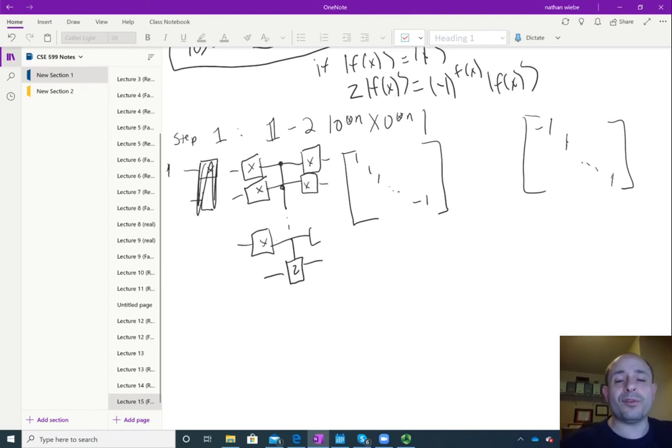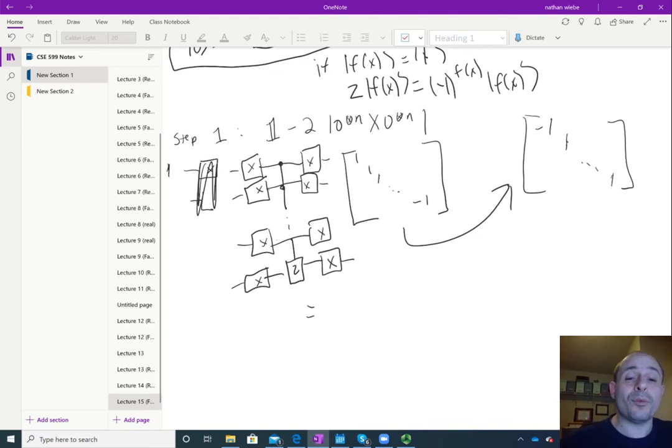So this circuit will transform 0 into 1 and 1 into 0, and thus turn this into that. Also, because I'm going to have to draw this circuit over and over again, I'm going to use the notation that X conjugated around a control is drawn by a 0, or an empty circle up here.